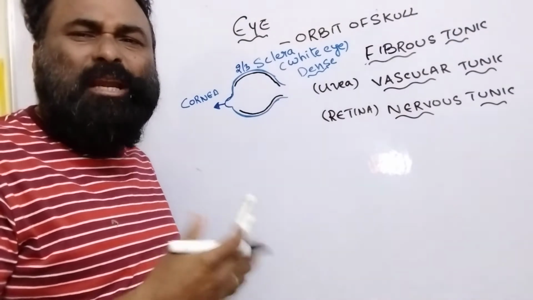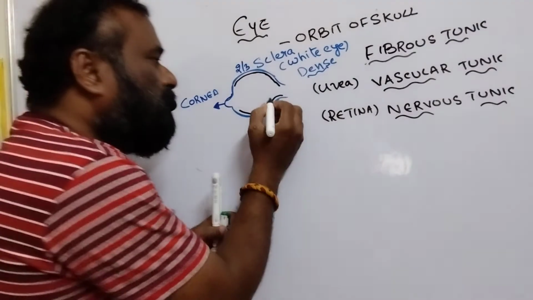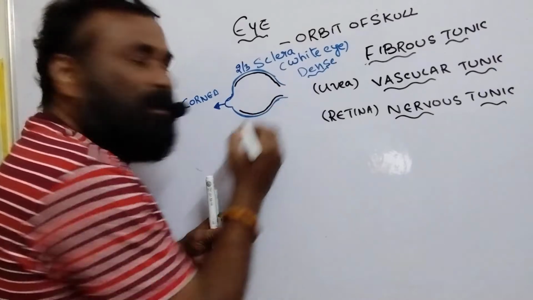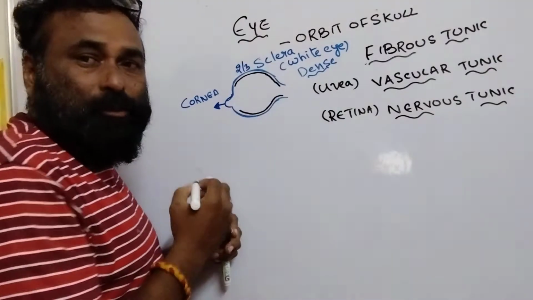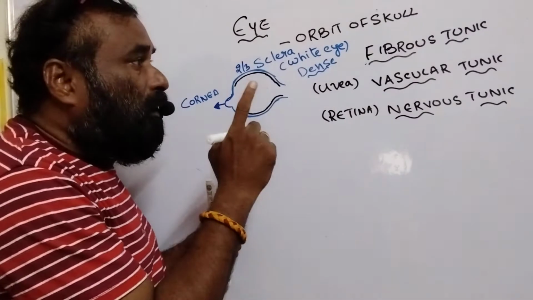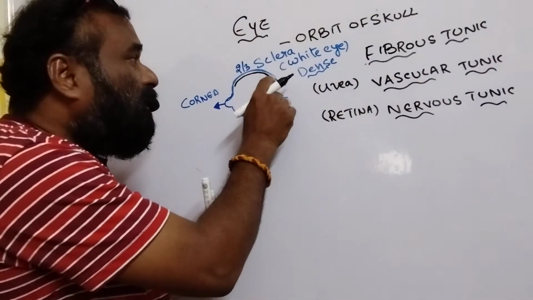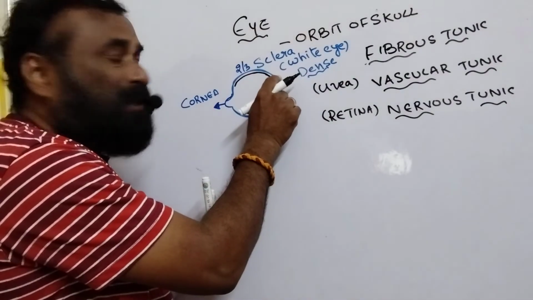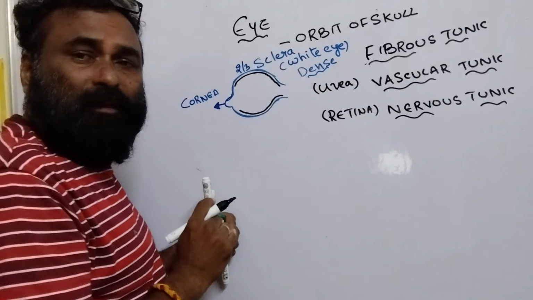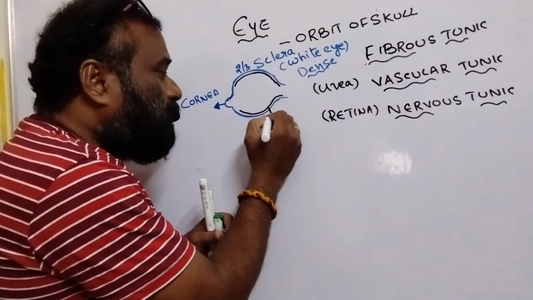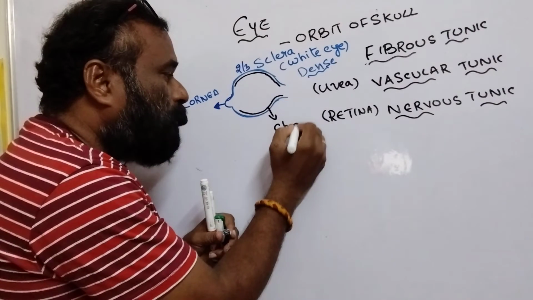It is the part of the vascular tunic located beneath the fibrous tunic, the sclera. This is the choroid portion.